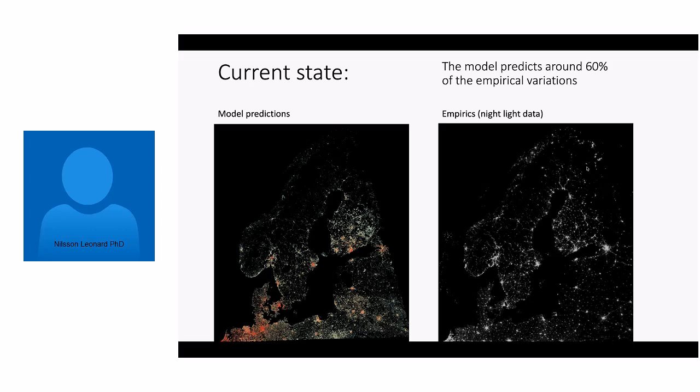So for some areas it's more like 50%, and for some areas we can predict 80%. And it also varies based on how our input parameters are changed.